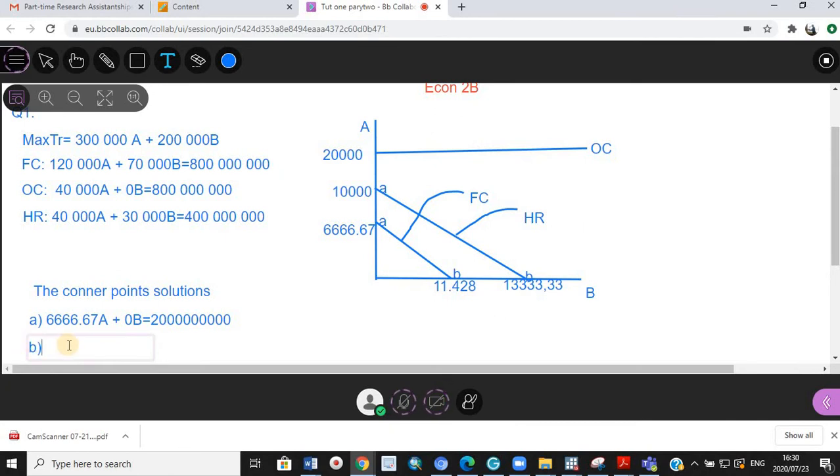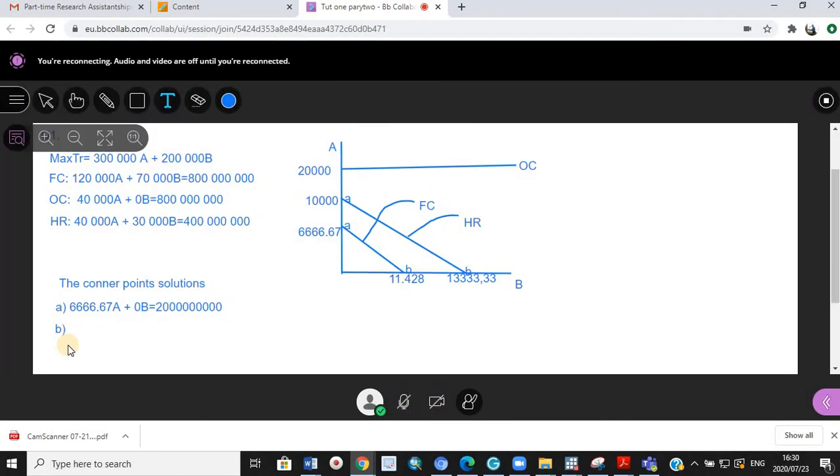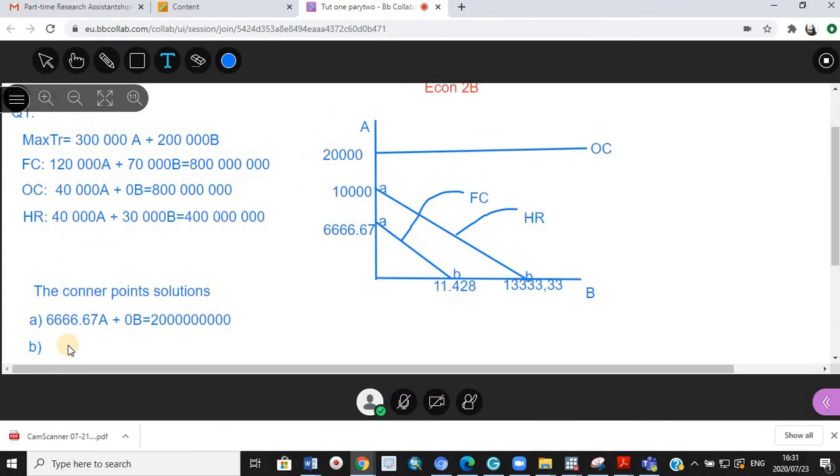B, we say that if A is 0, plus B, and we know that B is 4 to 8. Let me just confirm, right?